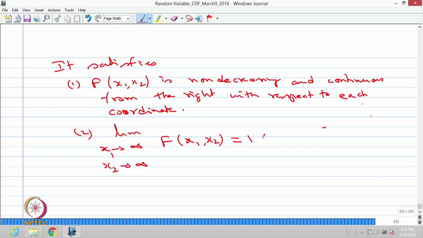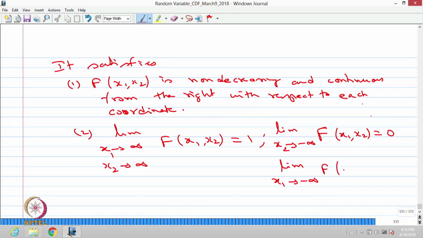And the limit as x2 tends to minus infinity of F of x1 comma x2 is equal to 0, and the limit as x1 tends to minus infinity of F of x1 comma x2 is also 0.